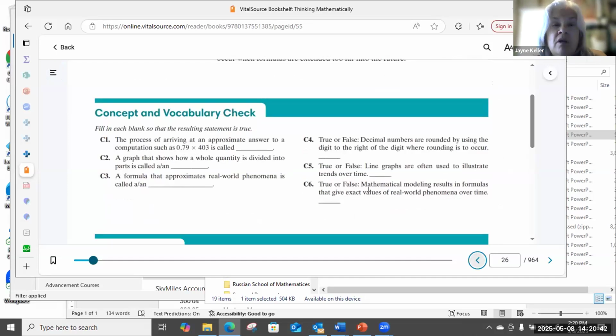Mathematical modeling results in formulas that give exact values of real world phenomena over time. True or false? I think false. What is the word that makes you go, that might be a little bit of an overstatement? Exact.